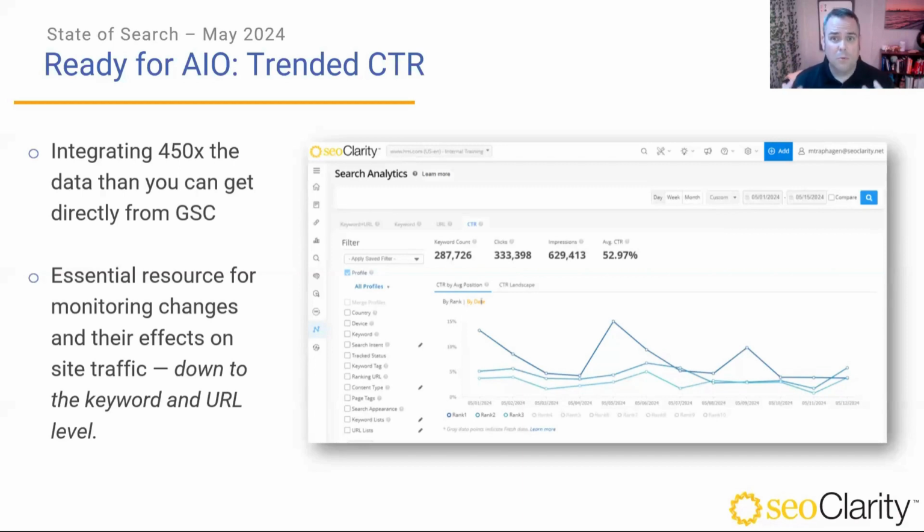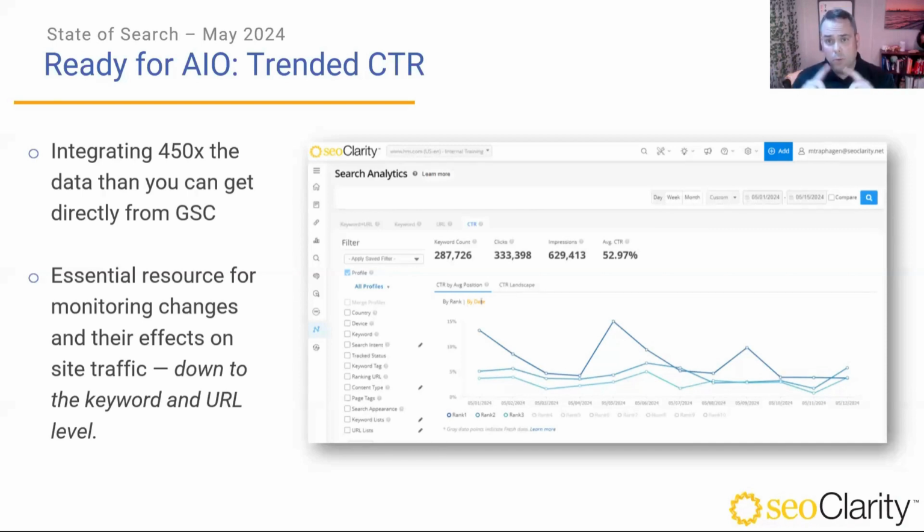But more and more SEOs are starting to see the value and importance of thinking about how not only do you maximize and improve your visibility, but then how do you get people to click through and get to your pages? So we have been not only pulling in CTR data from search analytics for a really long time, but you also get a daily, weekly, monthly view of what your CTR looks like.